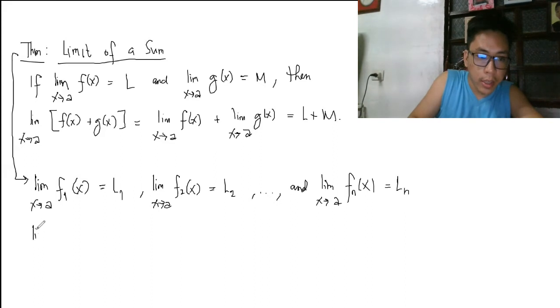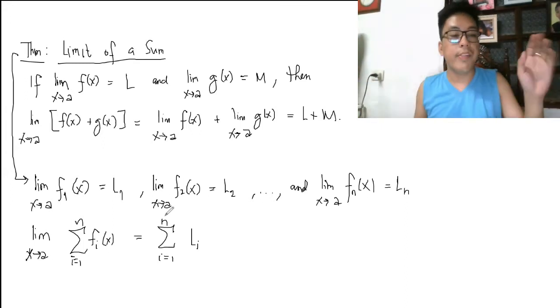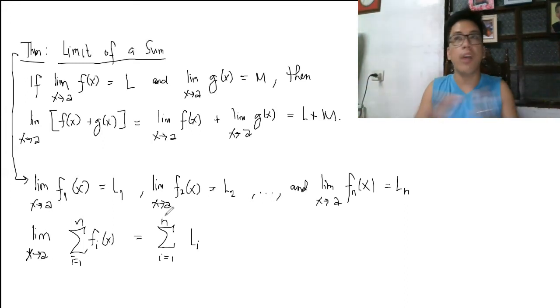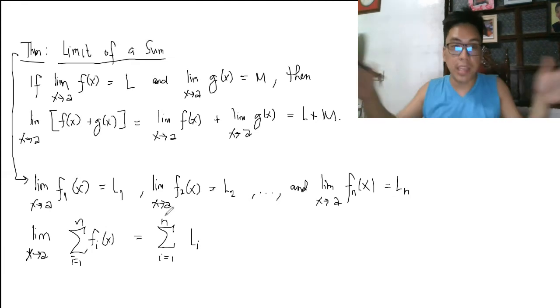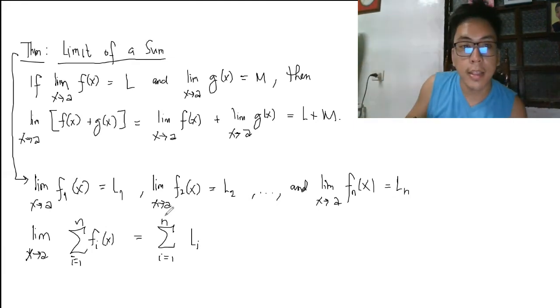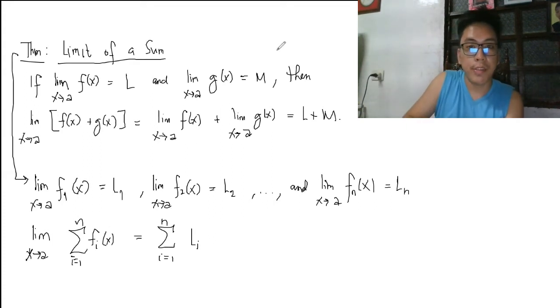Then the limit of the sum of fi of x, i from 1 to n, as x approaches a, is the same as the summation of the Li, i from 1 to n. So technically, the limit of the sum of these n functions is the sum of those n limits.